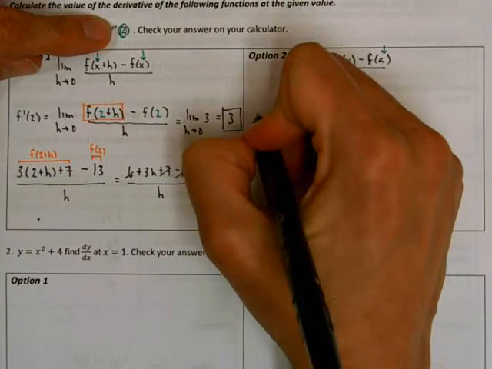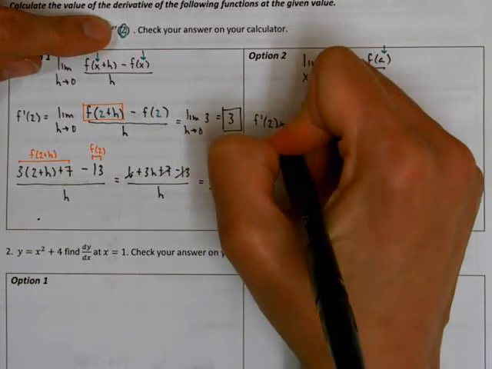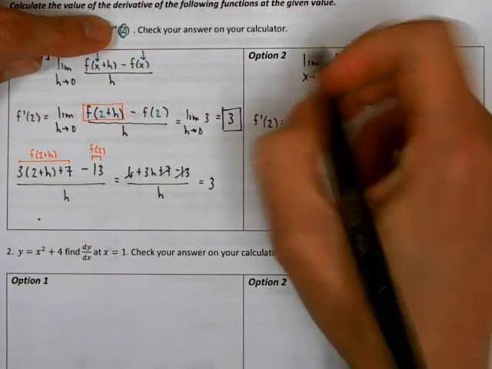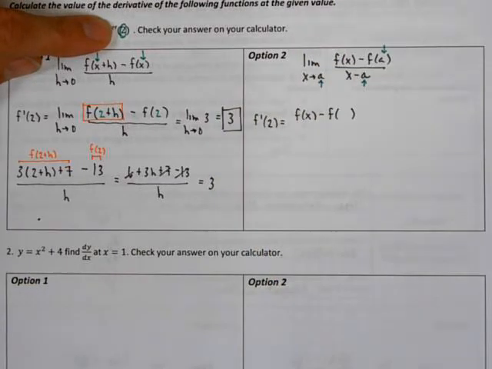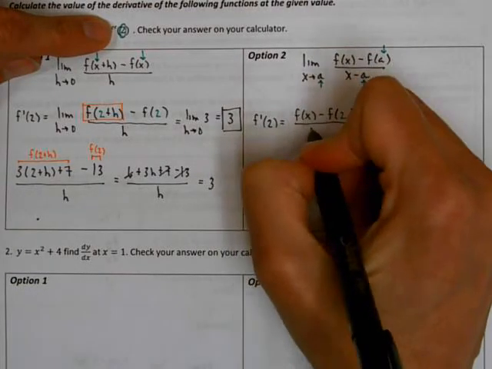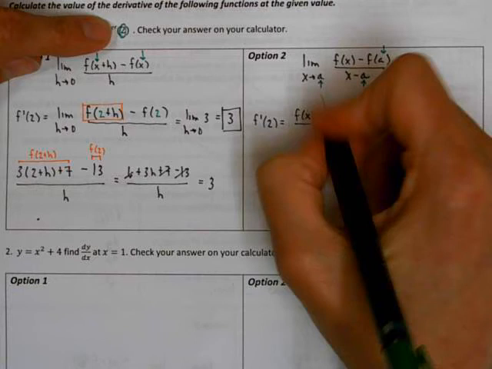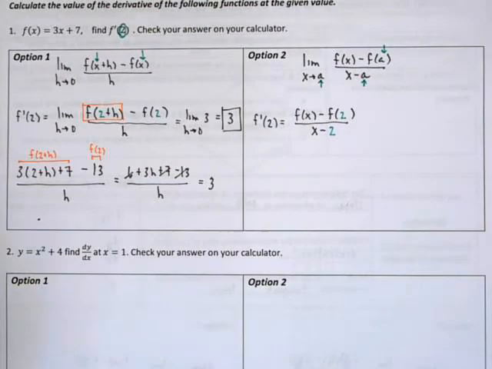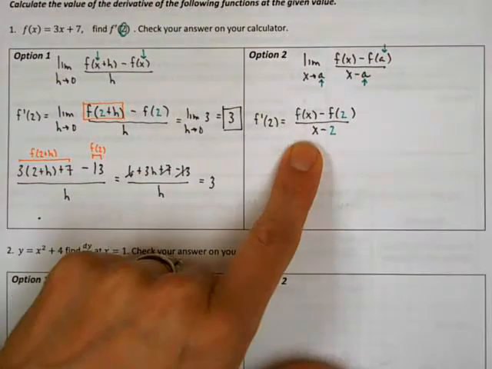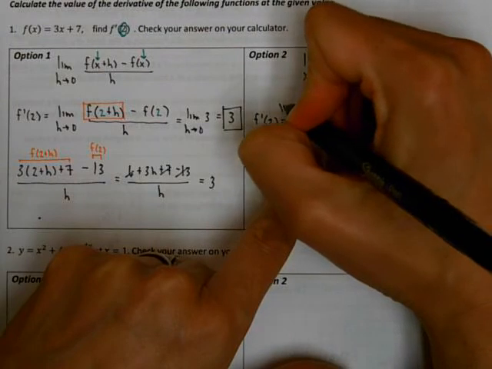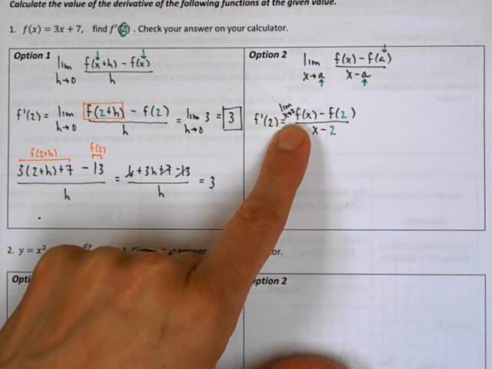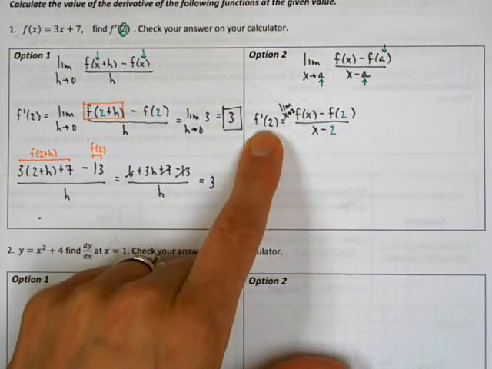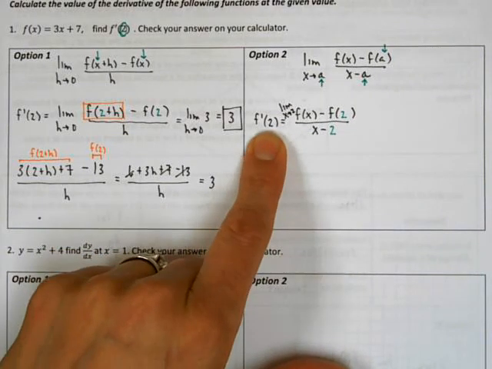So now f prime of 2 is equal to f of x minus f of 2 all over x minus 2. Oops, and actually I should have here, this is actually equal to the limit as x approaches 2. Sorry for squeezing that in. We have to have that limit notation for it to be equal to the derivative.